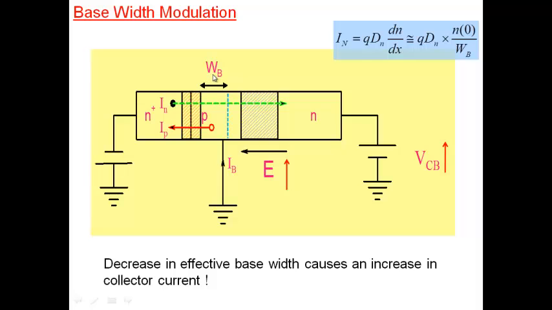As effective base width goes down, since the current is a diffusion current, the electron current increases. The hole current, on the other hand, doesn't change much. Hole current is going on this side here. So the collector current is what is affected. This is the phenomenon that we call the early effect, and it comes about because of base width modulation.